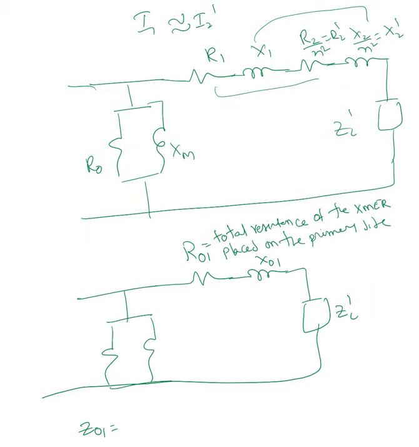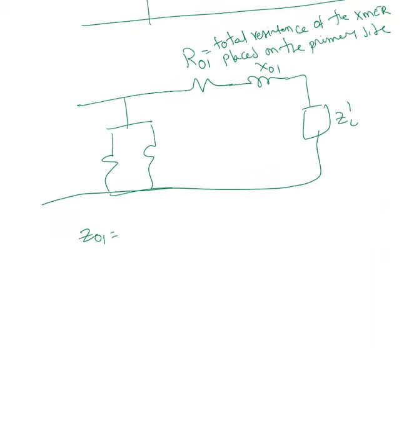In the same way that we transferred the impedance from the secondary to the primary side, we can transfer primary side quantities into the secondary side. So here we have R2, X2, we are not messing with them, and ZL.